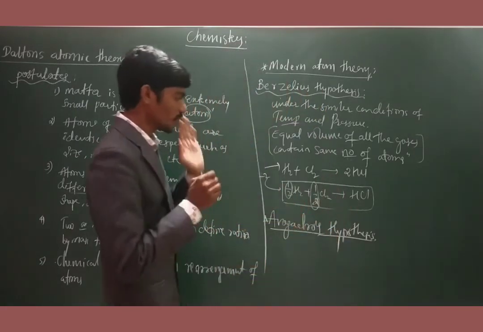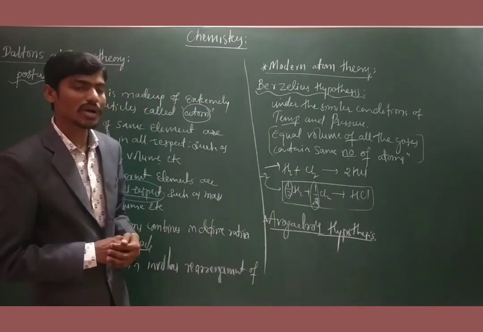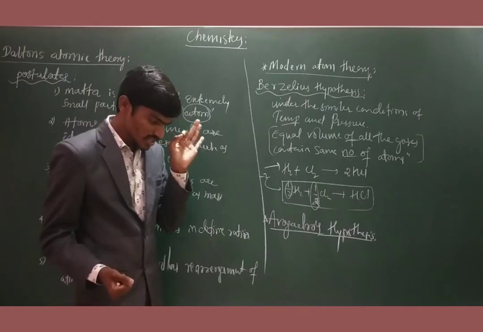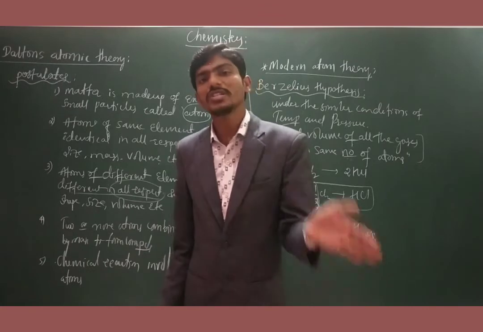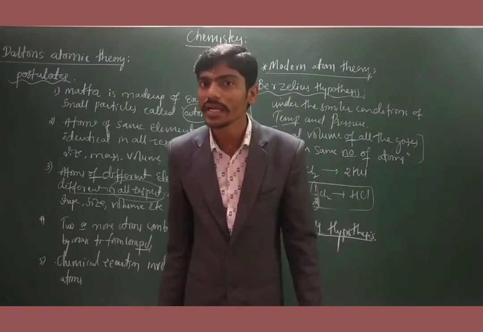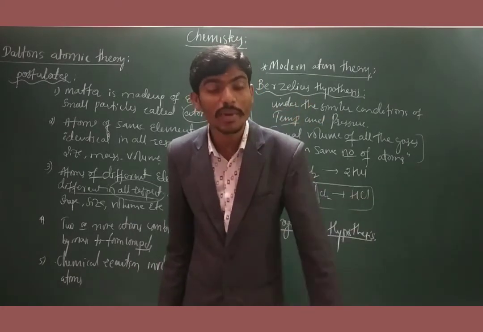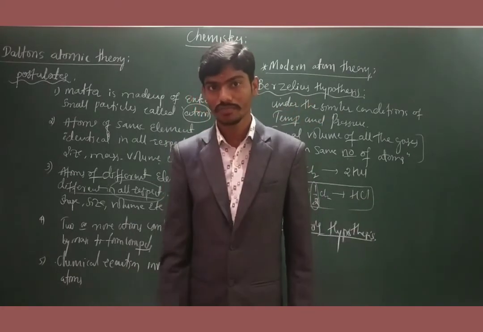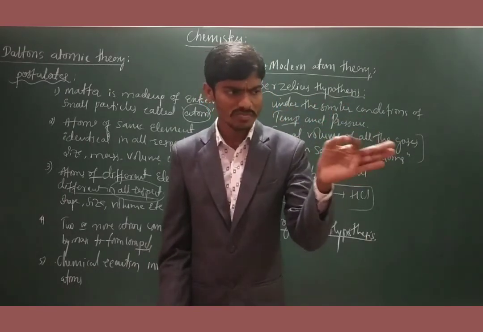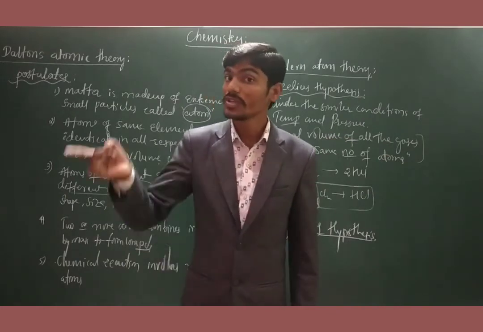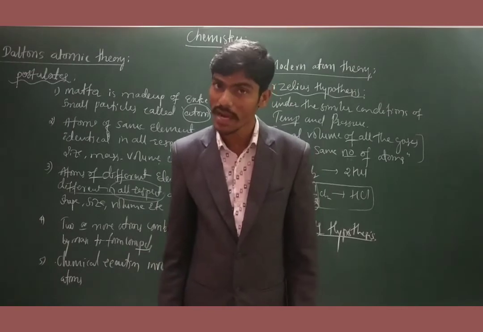And according to him, what is meant by atom and what is meant by molecule is defined. Atom is the extremely small particle of an element which may or may not have independent existence. The smallest particle of a substance which may or may not have independent existence is known as atom.